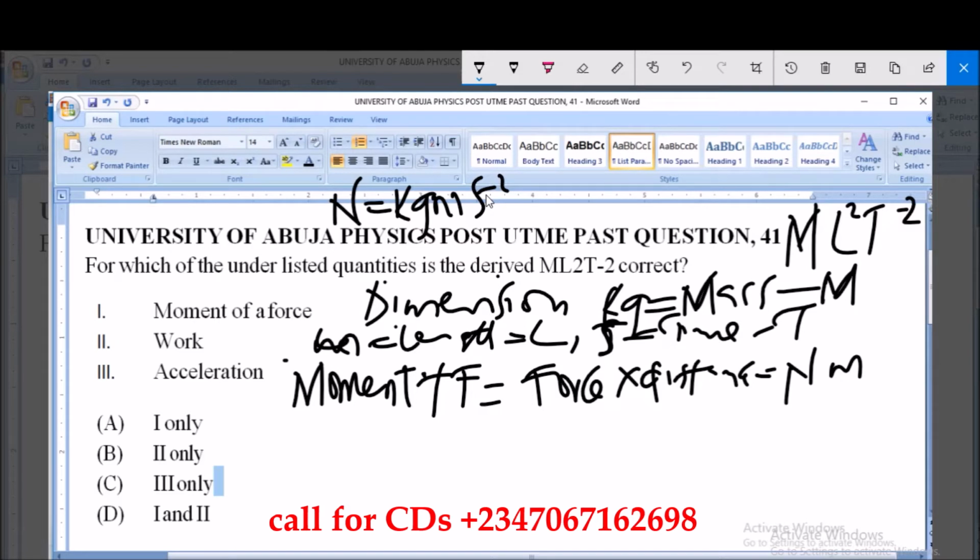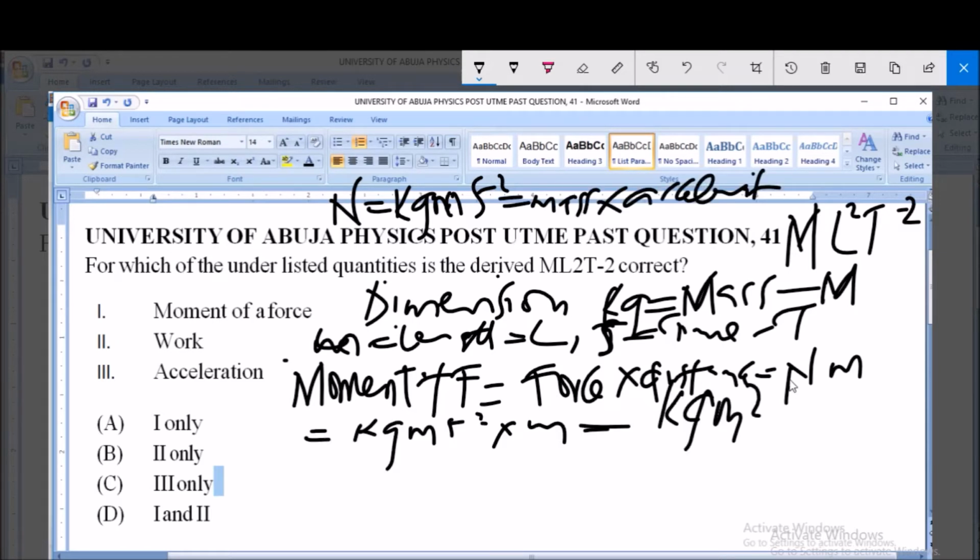So it means that our moment of force will be equal to kilogram meter per second squared multiplied by meter. Now this will give us kg meter squared per second squared.